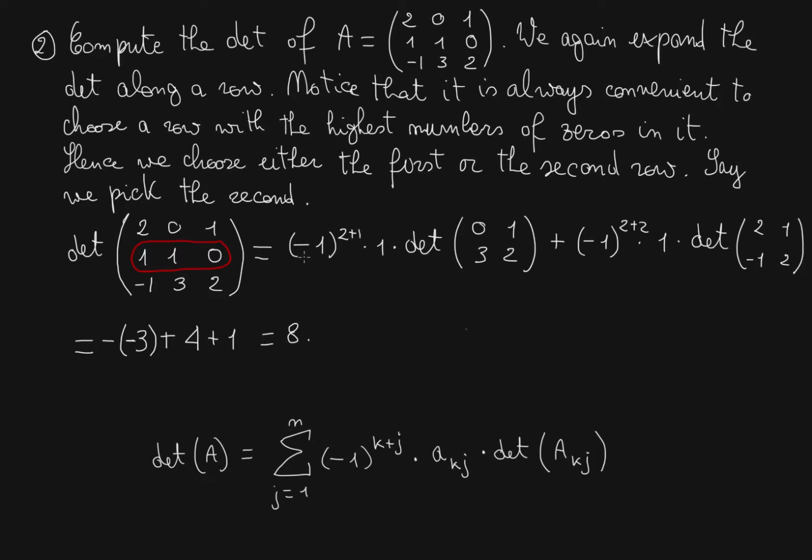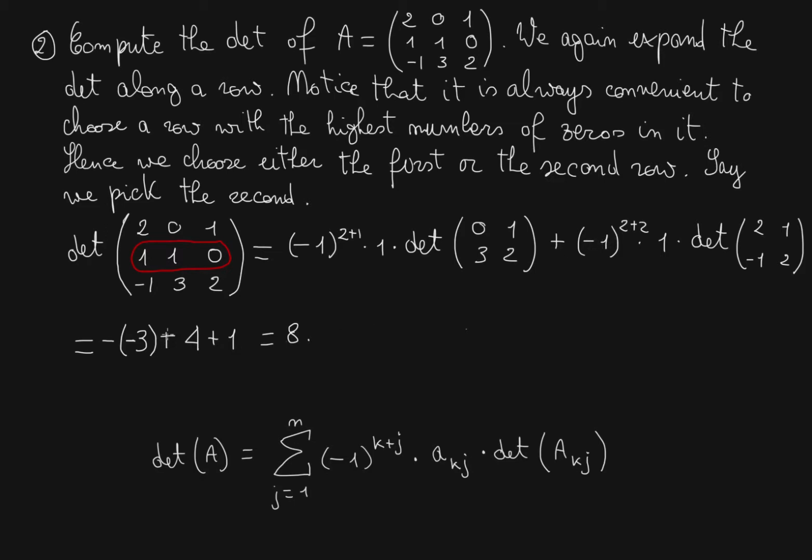Finally we get this number. -1 to the power 2 plus 1 is -1 to the power 3, so we'll have a negative here, and then times 1, which leaves the determinant unchanged. The determinant of this matrix is going to be A times D, so 0 times 2, minus B times C, negative 3. We have a minus here coming from this coefficient, and then negative 3 coming from the determinant, plus negative 1 to the power of 4, which is plus 1.